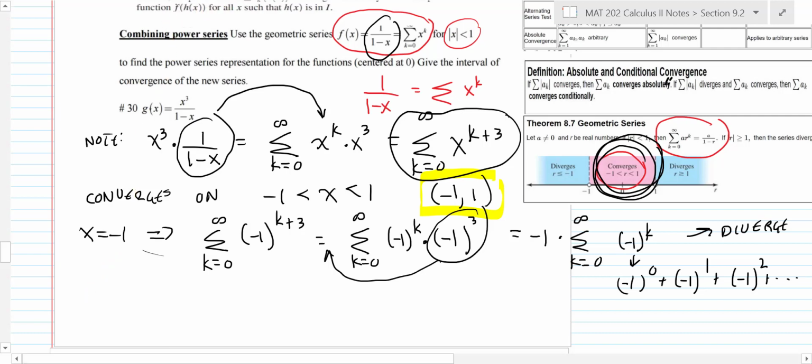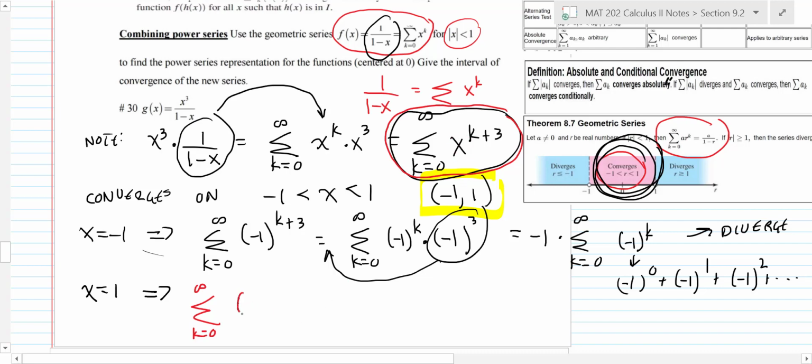Okay, now what we do is we work with x equals 1. Do the same thing. Plug in. This is the series we're working with right here. That's what we transformed that into. So we're going to have the series from k equals 0 to infinity, and then we're going to replace this x this time with 1.